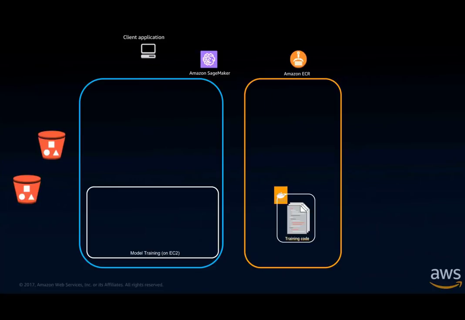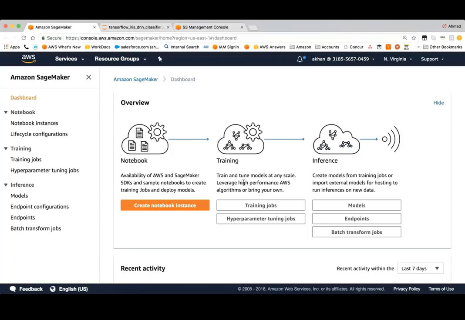All right, so we'll look at how SageMaker trains and how it interacts with different AWS services. But before I do that, I want to kick off our demo script.